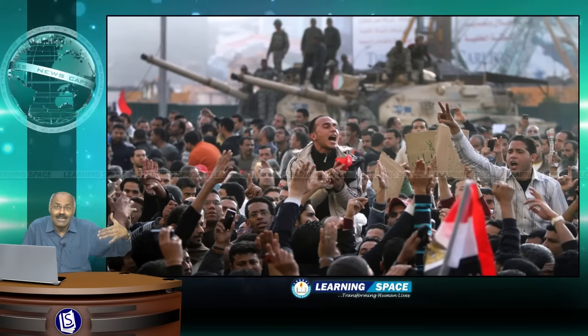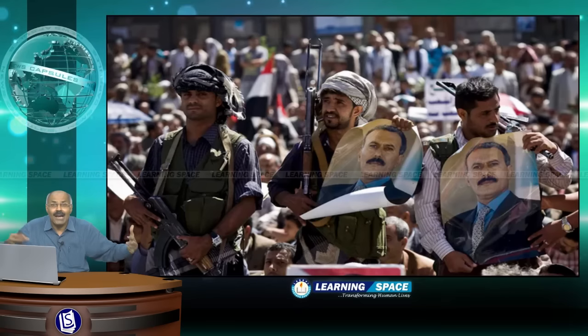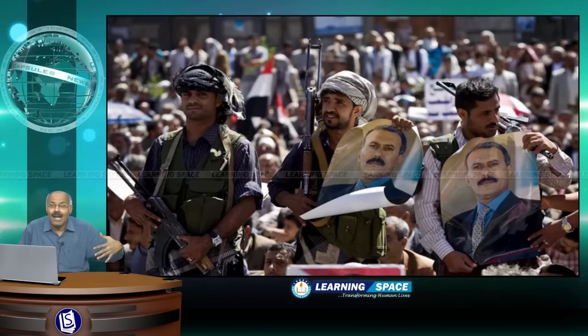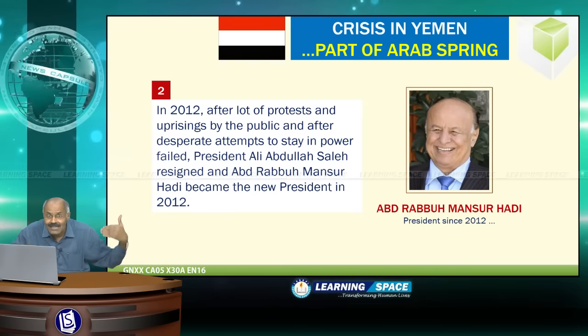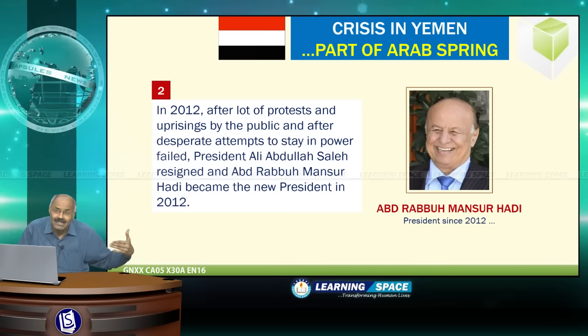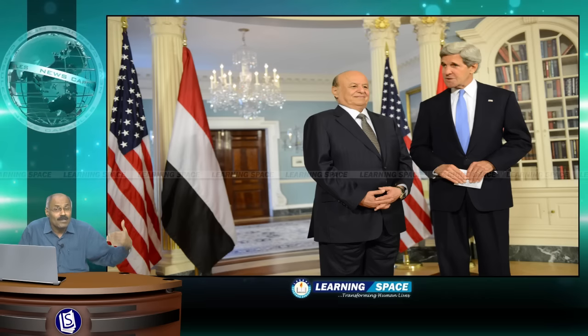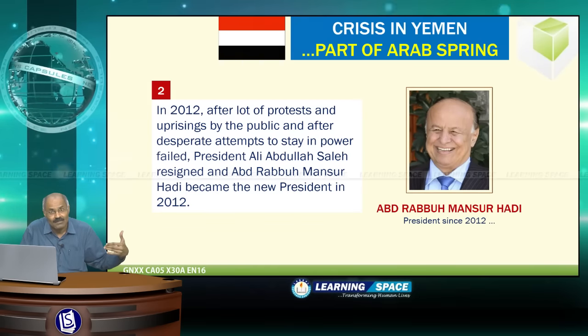And subsequently in 2012, after a lot of protests and uprisings by the public, and after desperate attempts to stay in power failed, President Ali Abdullah Saleh resigned, and Rabu Mansour Hadi became the new president in 2012.